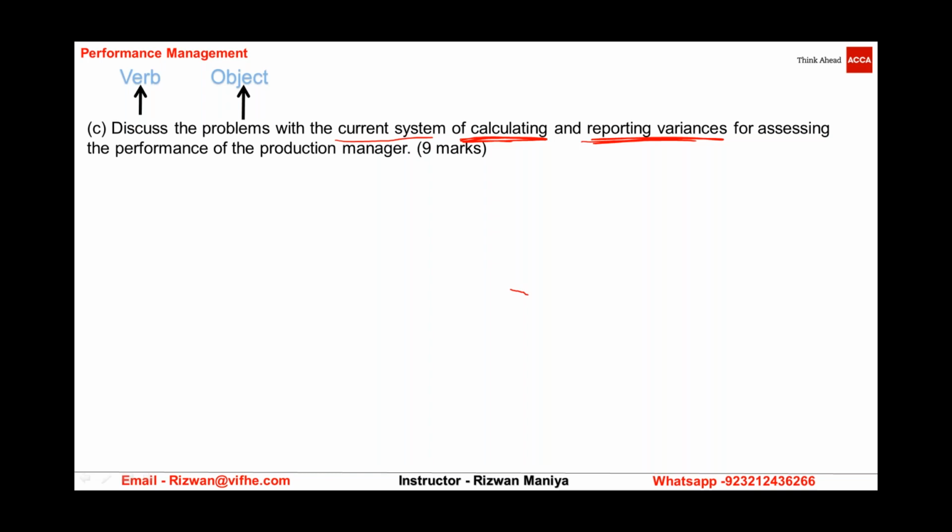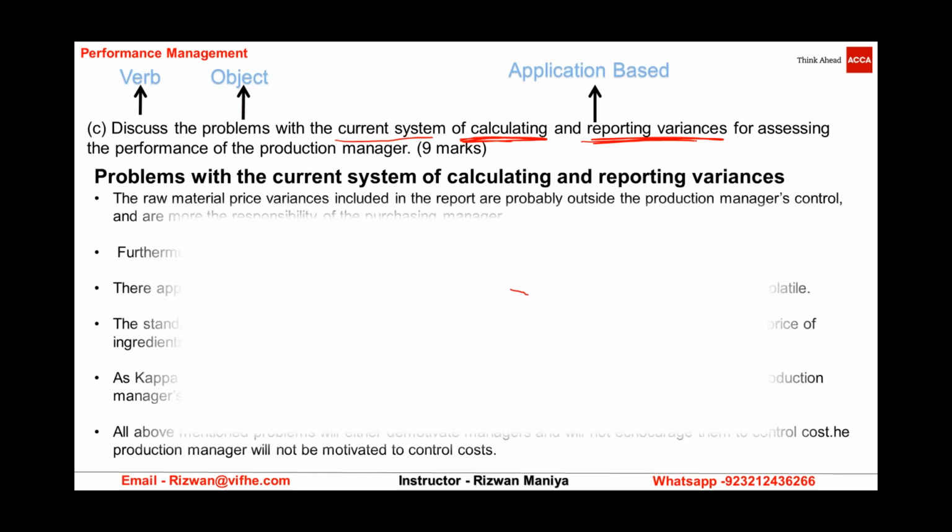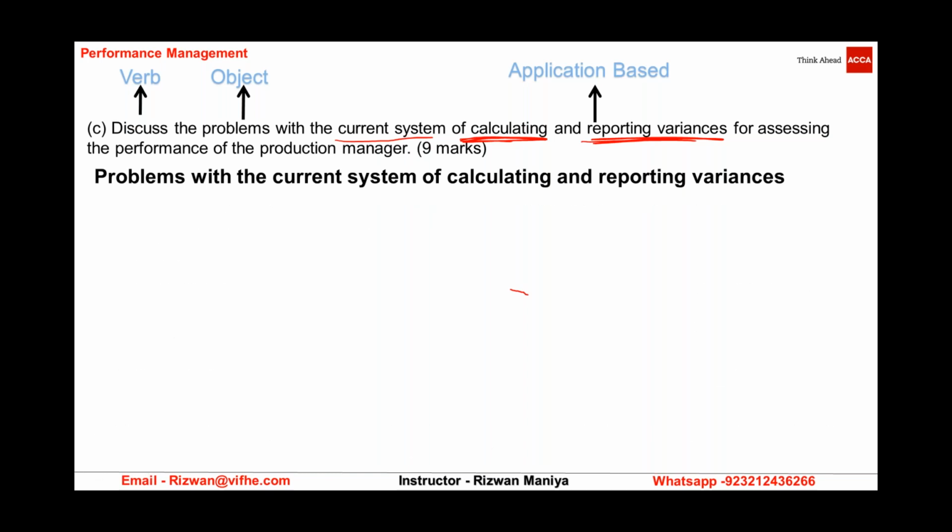So this is application based because you have to discuss the problems with the current system of calculating and reporting variances according to scenario.